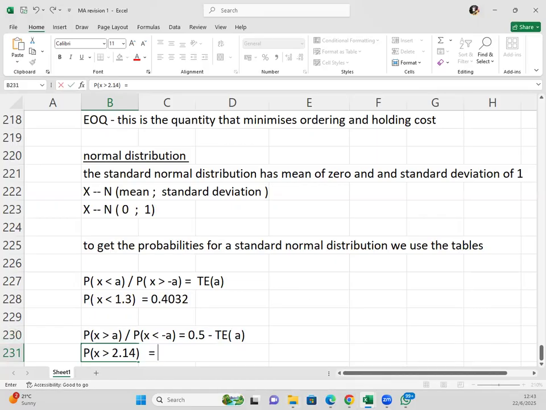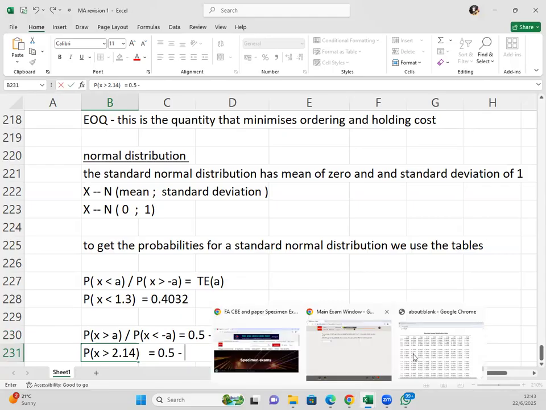We said if it's greater than, you say 0.5 minus the table value of 2.14.